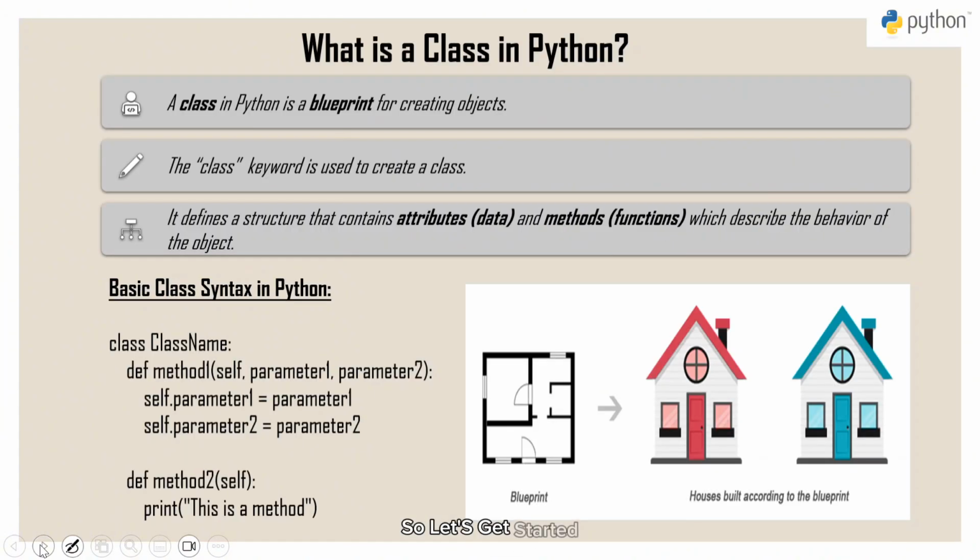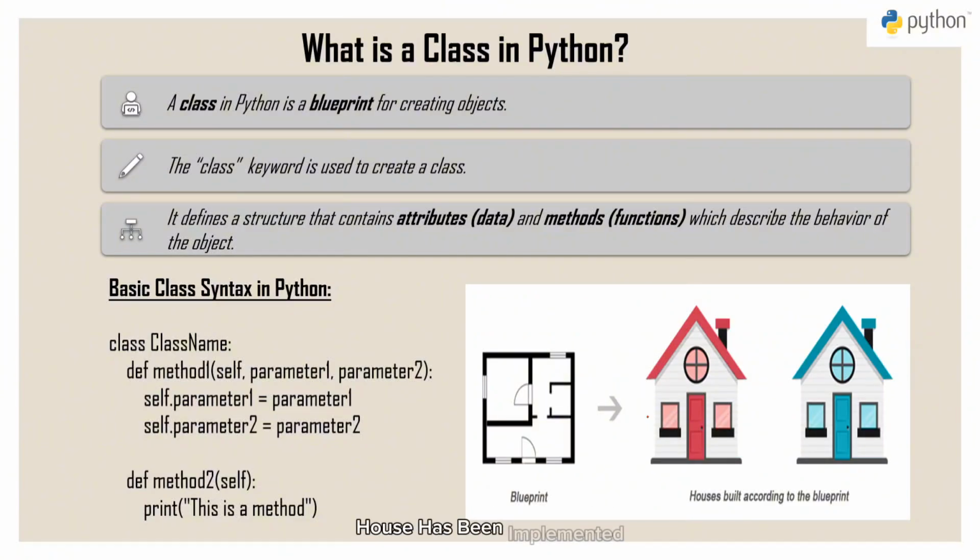So let's get started. So what is a class in Python? A class is nothing but a blueprint for creating objects. As you can see in this image, I have a blueprint, and on that particular blueprint what I am doing is I am creating a house, right?